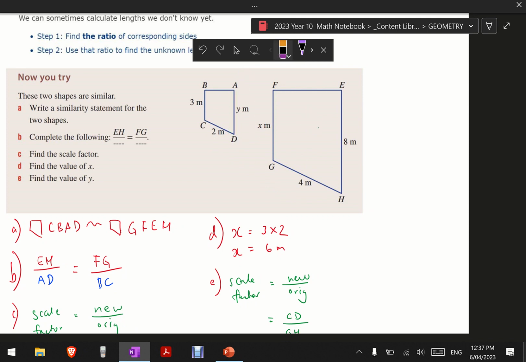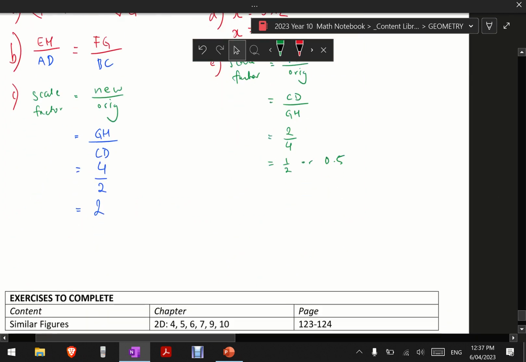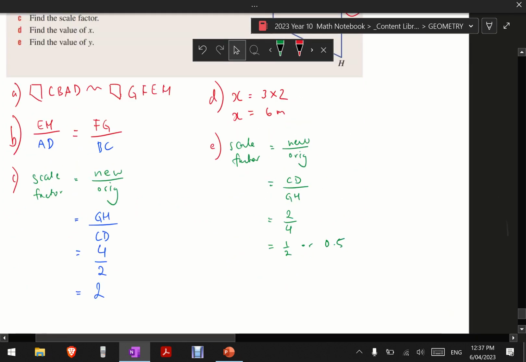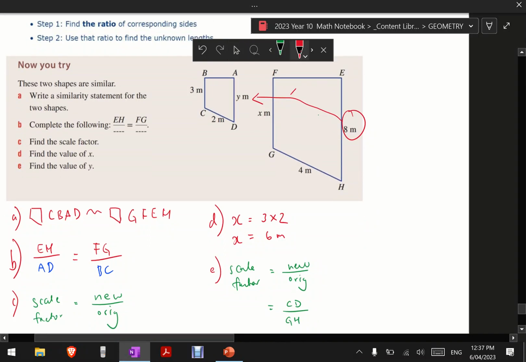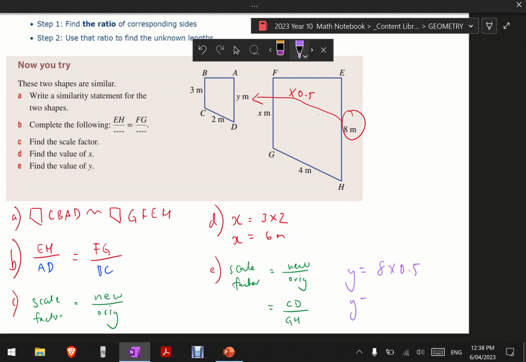If on my original shape we have a value of 8, to find y you multiply it by a scale factor of 0.5, because it's going to be smaller. So y is going to be equal to 8 times 0.5, which equals 4 meters, because it's being scaled down by 0.5.